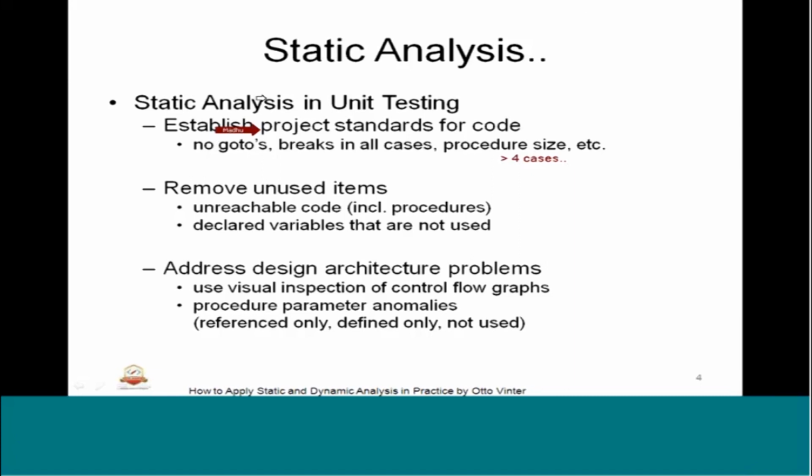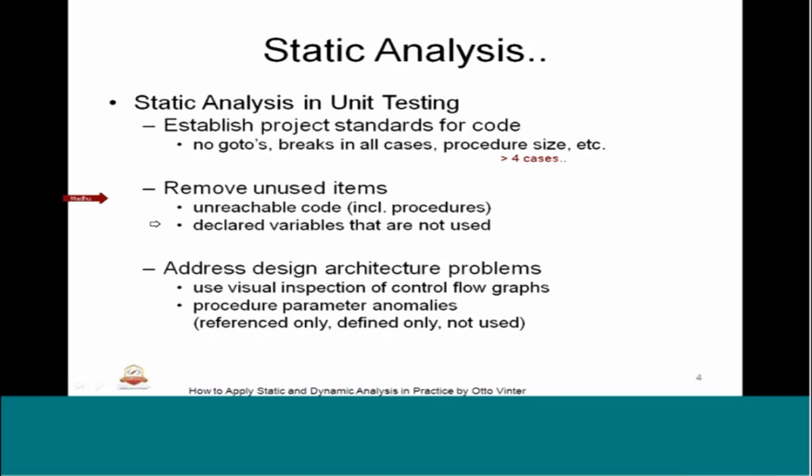So mostly this will be done in the unit testing, and data flow and the control flow can be equally done while doing the unit testing. And another aspect could be removing unused items. That means there could be unreachable code or functions within the code, or declared variables that are not used.